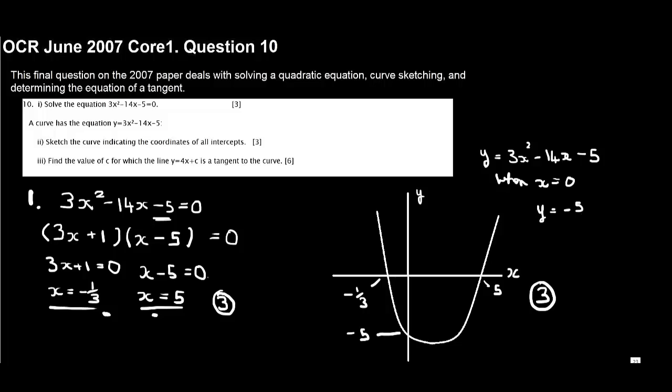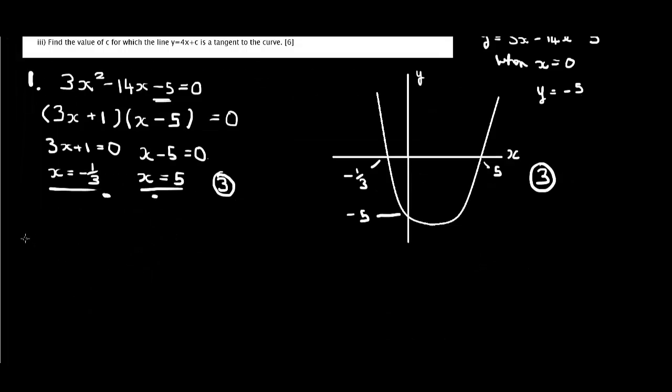Part 3 is find the value of c for which that line y equals 4x plus c is a tangent to the curve. Well, we can equate the quadratic 3x squared minus 14x minus 5 to the 4x plus c.